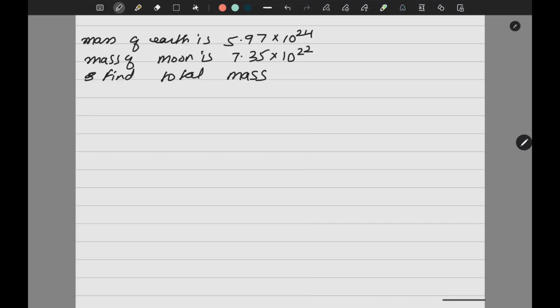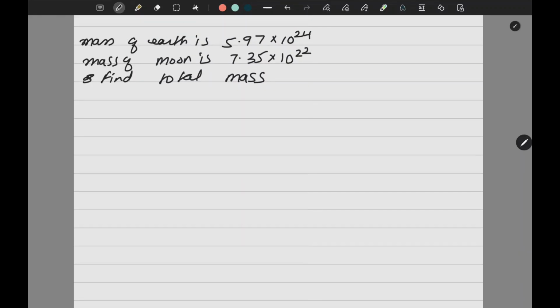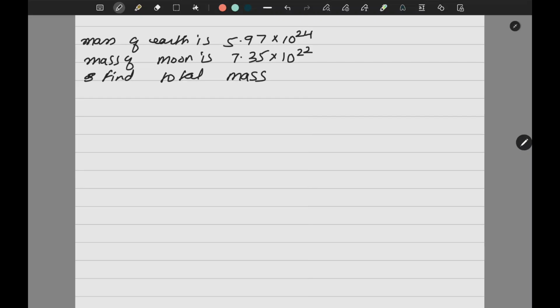The mass of the earth is this and the mass of the moon is this. Find the total mass. Simple. What should I do here? I want to add them, and to add them I should have the same exponent power. So my target is to add 5.97 into 10 to the power 24 and 7.35 into 10 to the power 22.